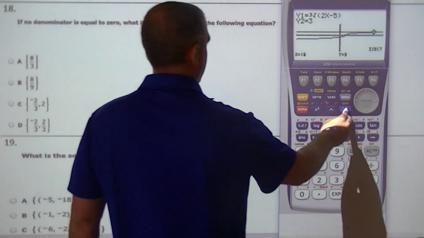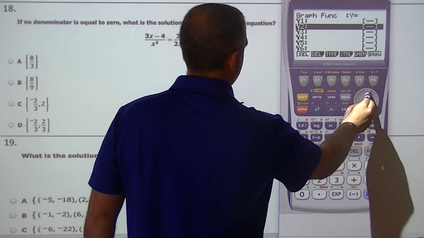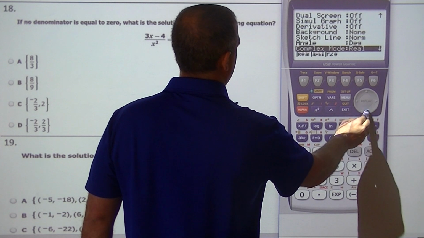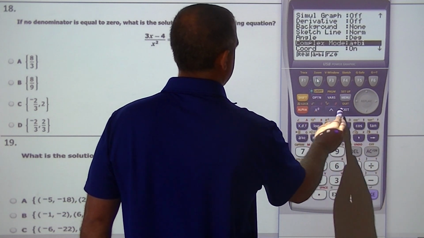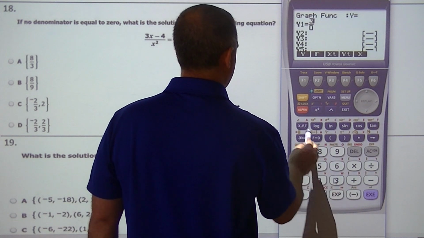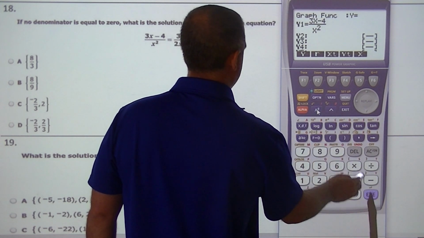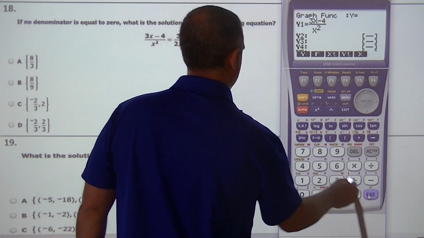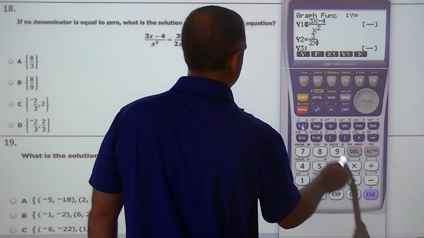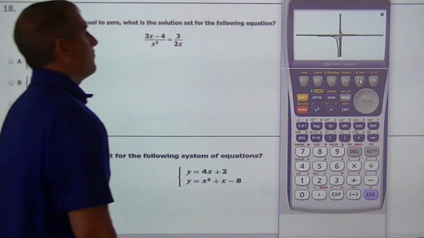18, another equation one. So I'm going to turn my shift menu. I'm going to go back and make sure that I am in A plus BI. So just for those cube root ones. 3x minus 4, x squared on the bottom. The other side is 3 over 2x. G-solve intersect.